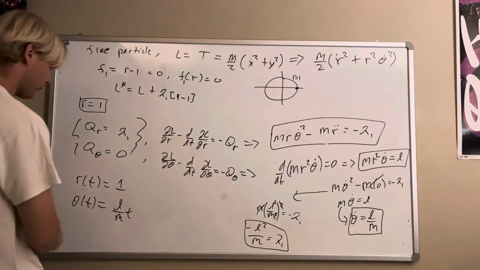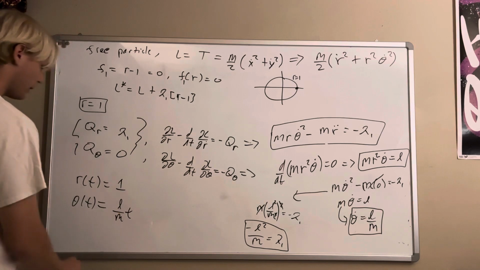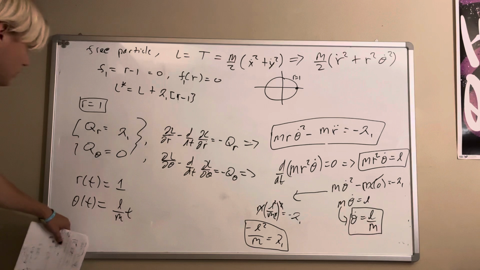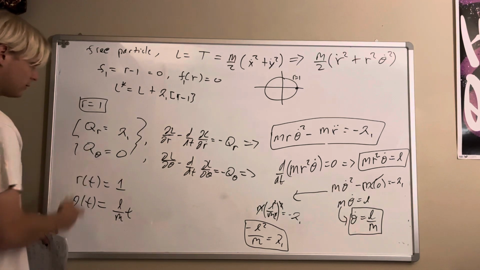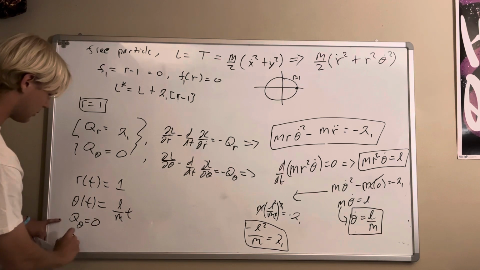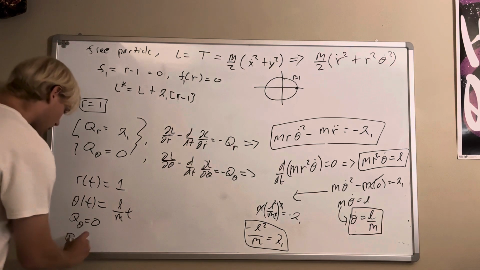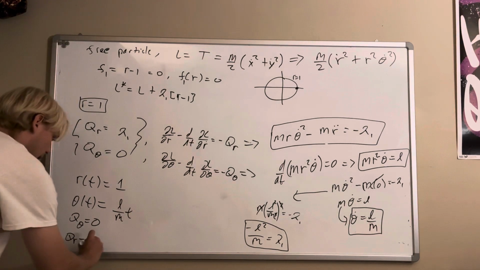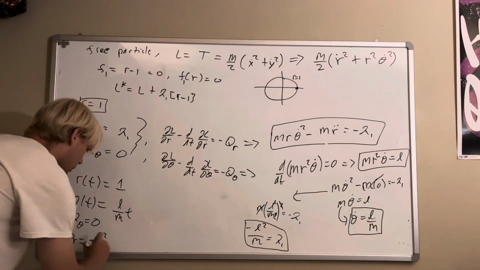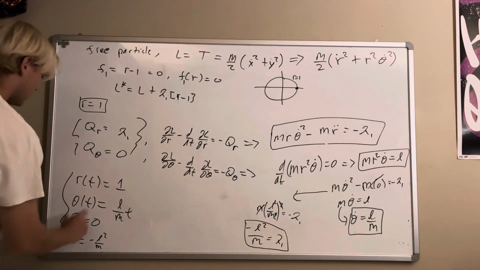And we end up getting this generalized force is 0. Makes sense. And then Q R is equal to negative, that's right, L squared over m. So that is our dynamics view.